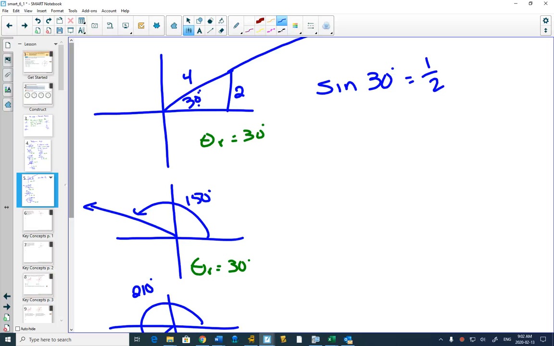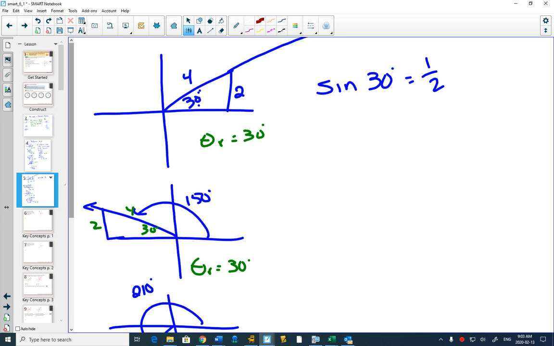Now, the important thing about reference angles is that if I always draw a line back to my x-axis, can you see I make exactly the same triangle here with 30 degrees. I would make 2 and 4.